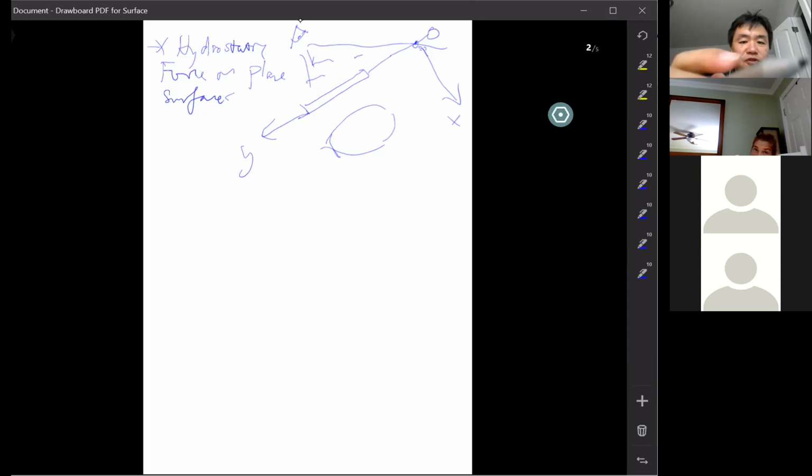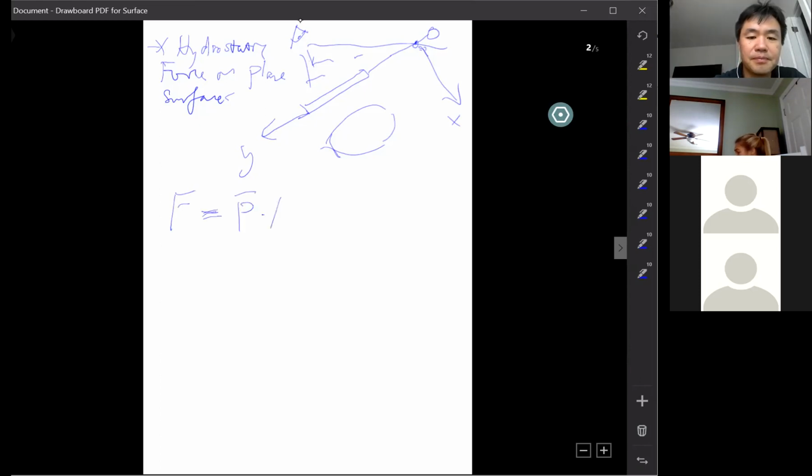So what is the force on this plane surface? First of all, the force will be equal to P bar times A. I put a P bar here.